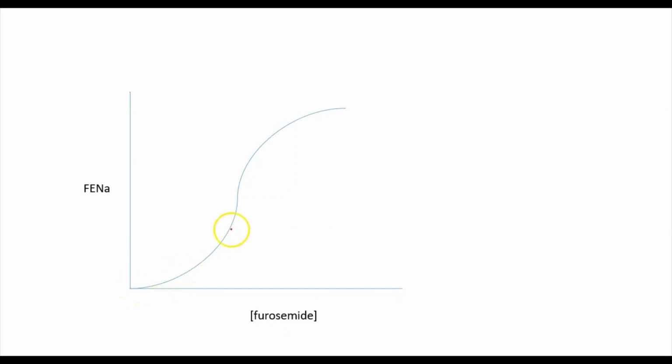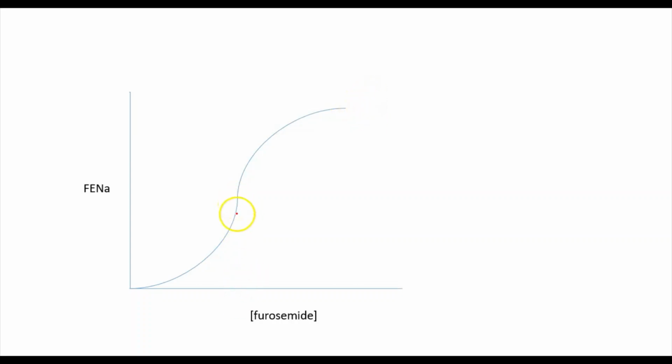Essentially, because the dose-response curve is non-linear, the significance is that when you're using relatively low doses of furosemide, you may not actually get any significant diuresis, but when you get to a threshold dose, you are able to get significant diuresis. And on the other hand, there's also a ceiling effect whereby further increases in diuretic dose will not lead to further increases in diuresis.